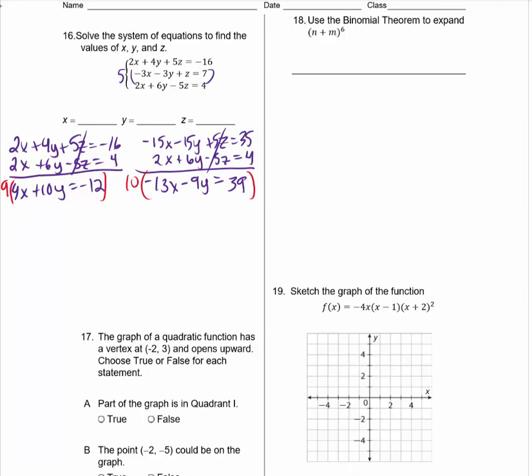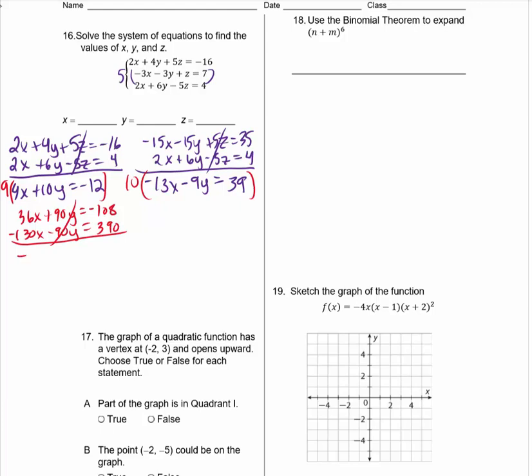So there we go. All right, so 9 times 4 is 36x plus, and then we got 90y, and then we've got negative 108, and then negative 130x, and then negative 90y, and then 390. We're getting some big numbers here.